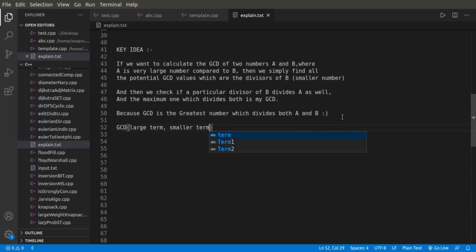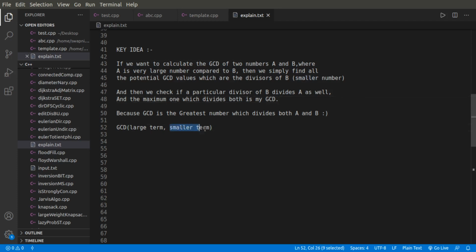For that case, we will find all the potential GCD values, which are nothing but the divisors of the smaller term, because we can find the divisors of the smaller term in a lesser time complexity. So we will find all the potential GCD values, the divisors of my small term b, and we will check if a particular divisor of b divides a as well.